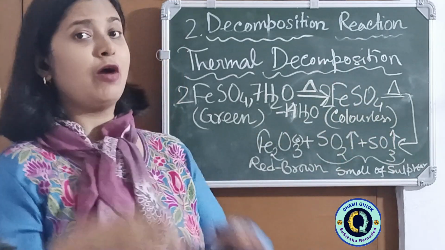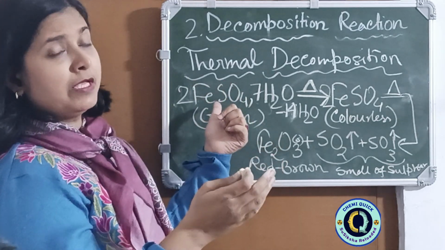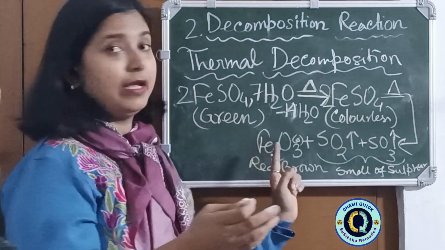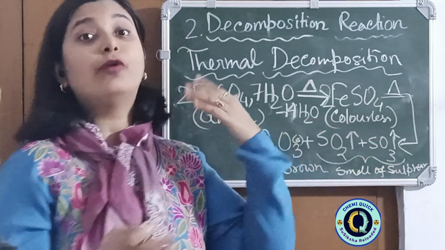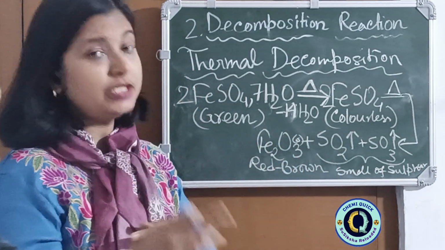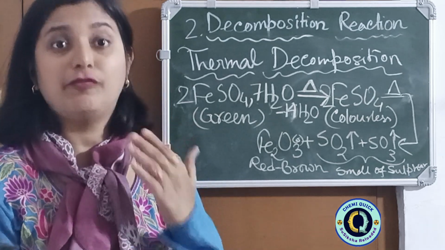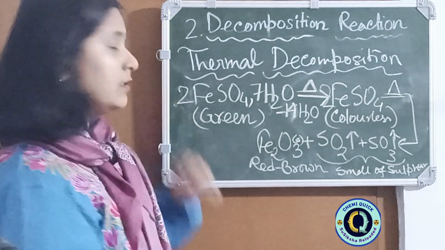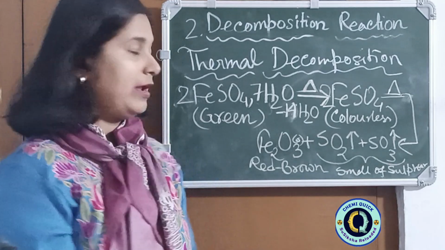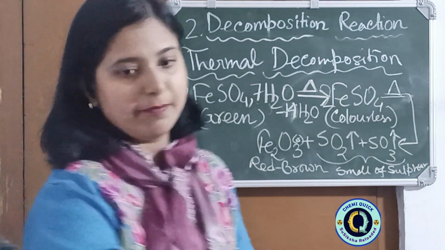So it is a decomposition reaction, as one single substance is now in multiple products, along with the characteristic color change and the strong smell of sulfur. Okay. So one very important example is done. Now we will go to the next example.